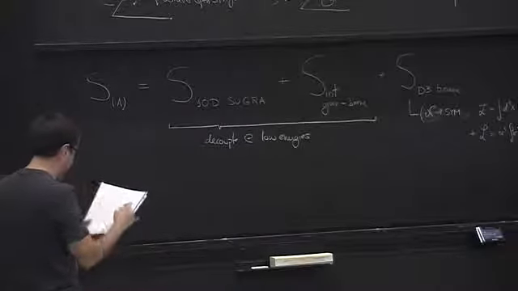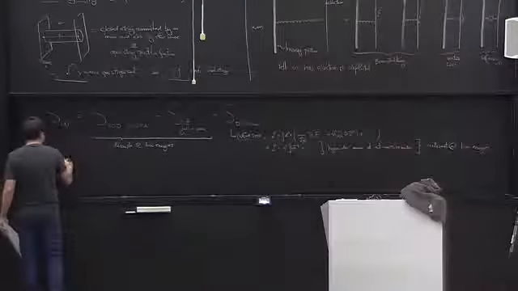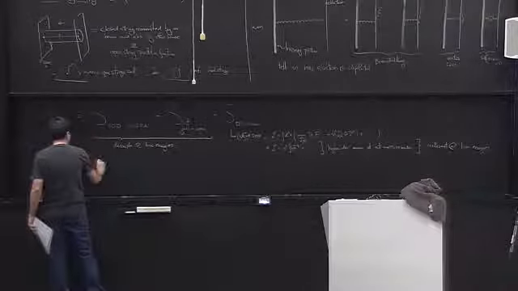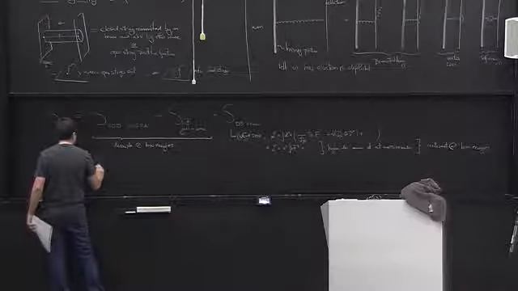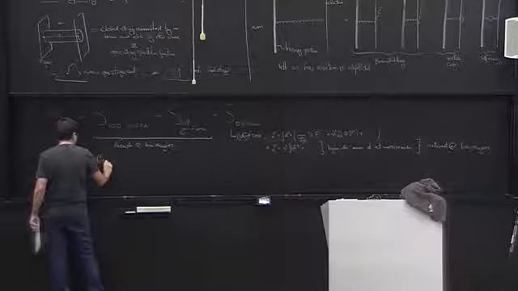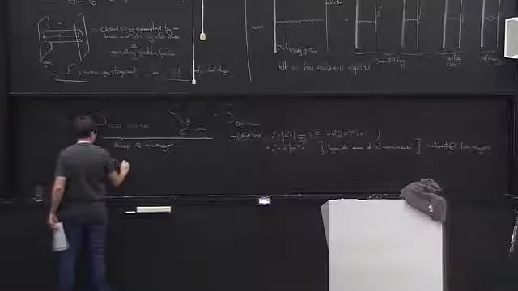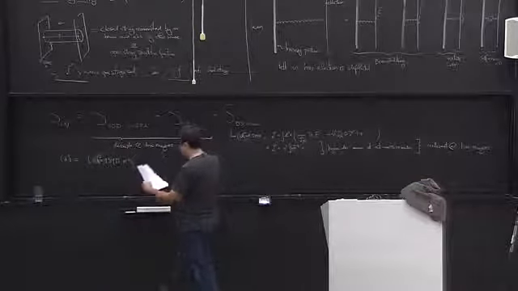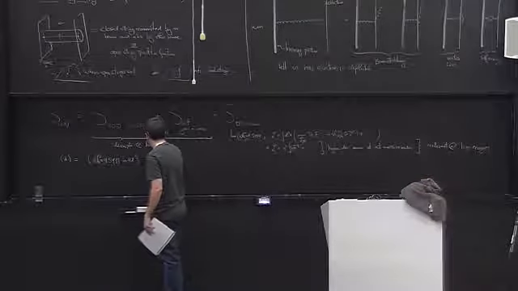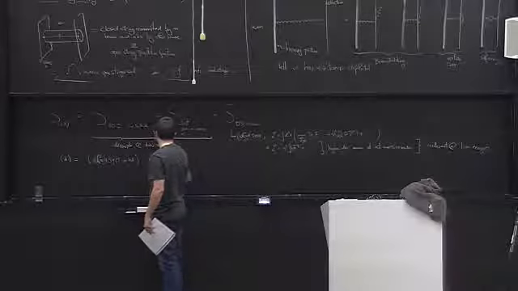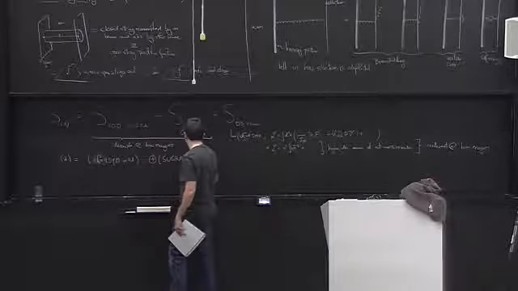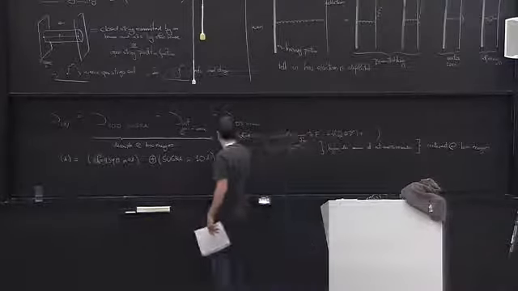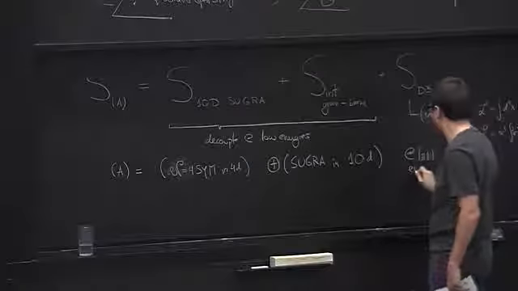So at low energies, A is equal to a sum of two decoupled systems. On the one hand we have N=4 super Yang-Mills theory in 4 dimensions, which describes the brane, plus supergravity in the bulk in 10 dimensions, and they don't talk to each other. This is what we get when we take this low energy limit.